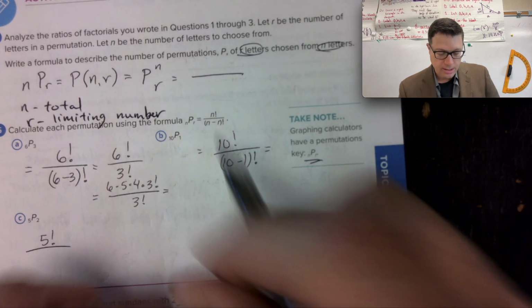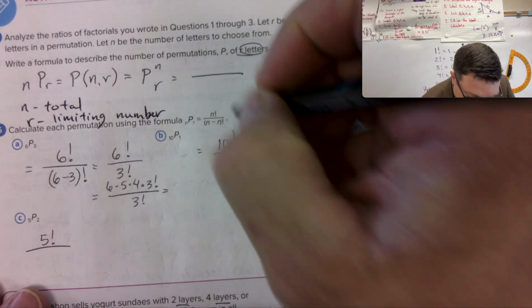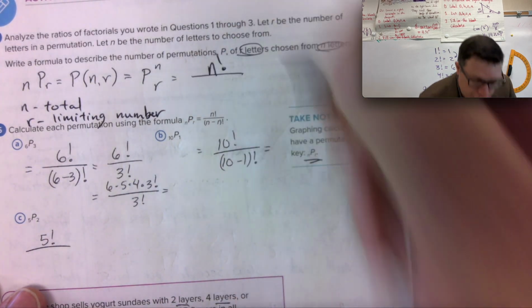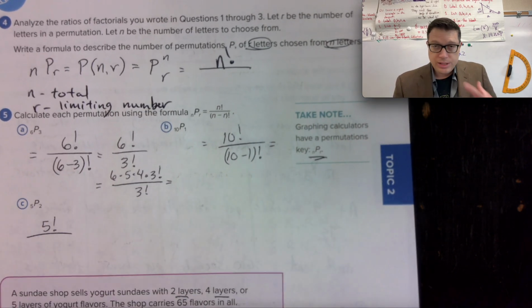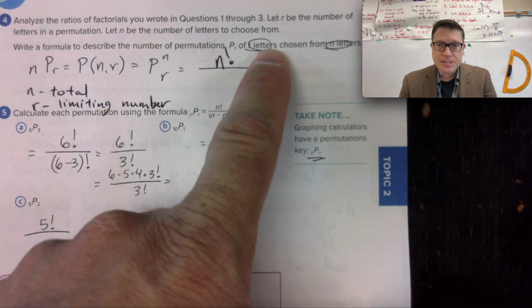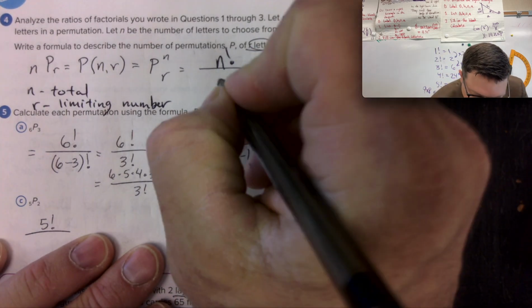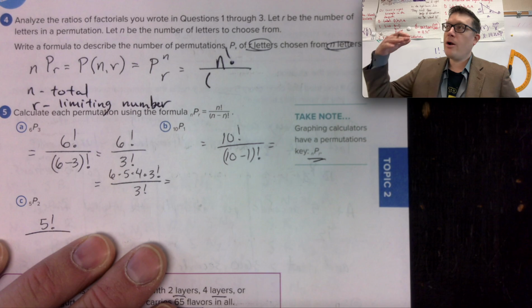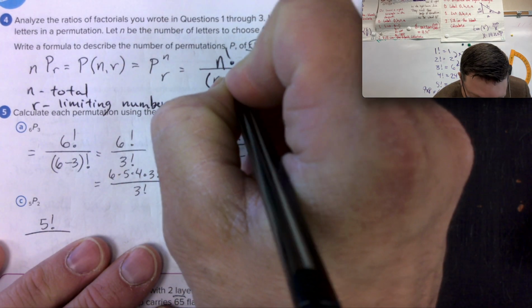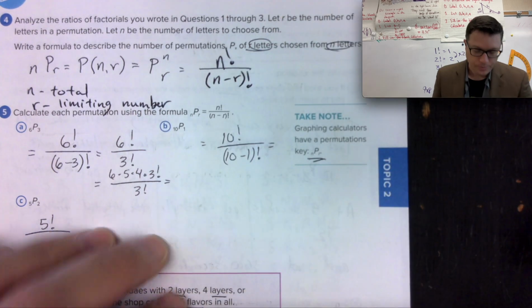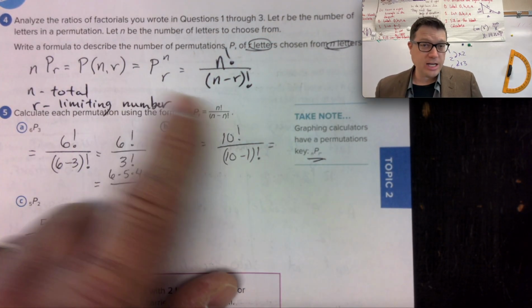In fact, I'm going to pop that in over here. We have N things to choose from, and because of our desire to have R letters in an arrangement, the denominator of the permutation formula is N minus R, factorial. So like once we know how that's defined, we can just pop this in.